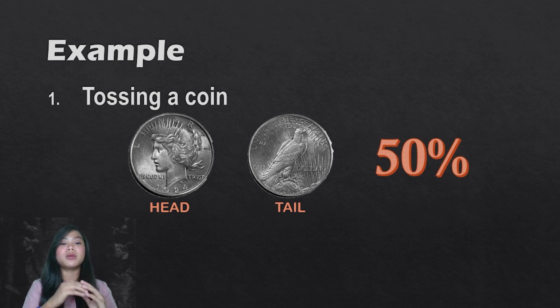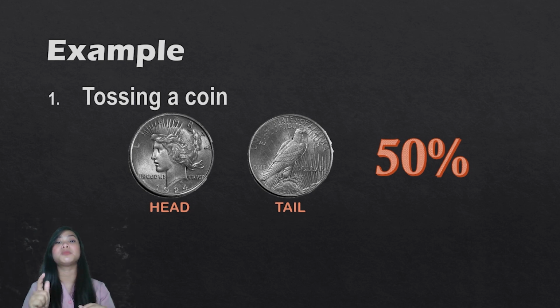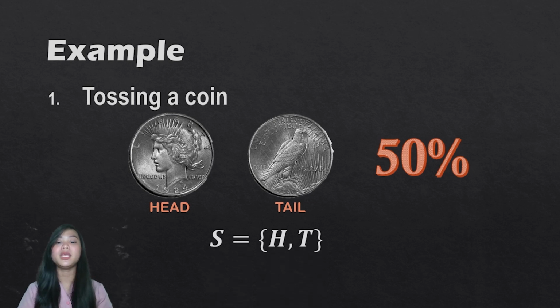So we have 1 head over 2 possible outcomes. For the tail, you have 1 tail over 2 possible outcomes, the head and the tail. So our sample space here is equal to {H, T}, H for head and T for tail.